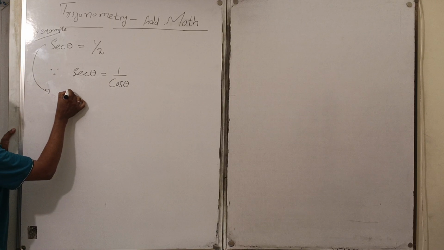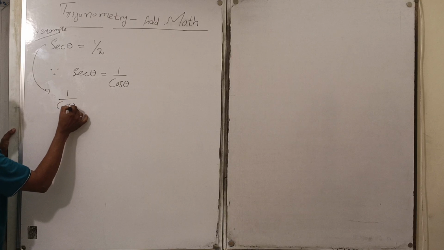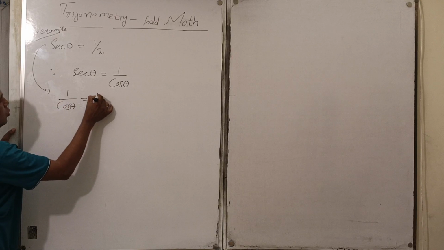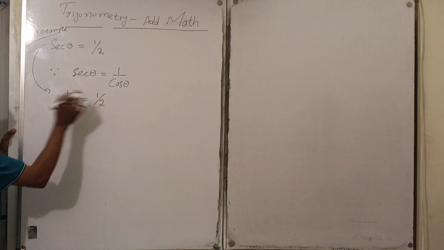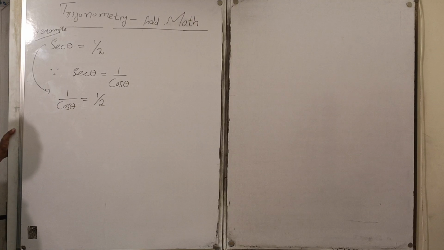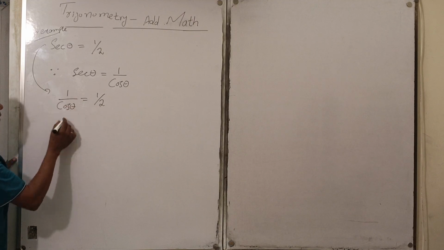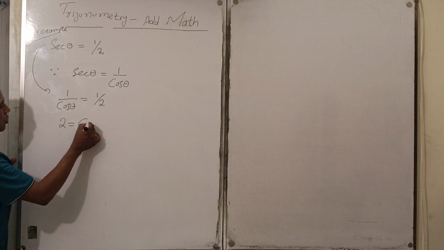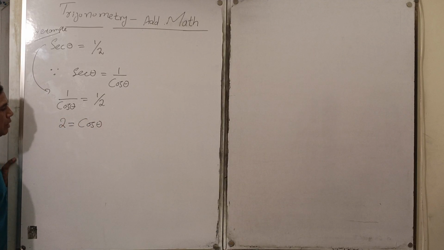I can write 1 over cos theta equal to 1 over 2. Now after cross multiplication, it will be 2 equal to cos theta, right? Clear?